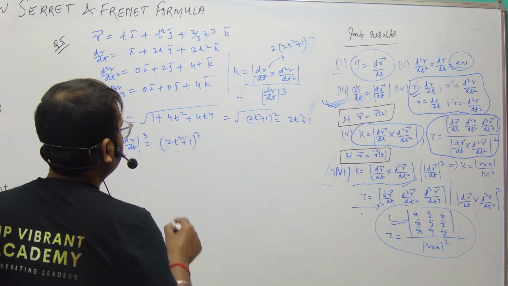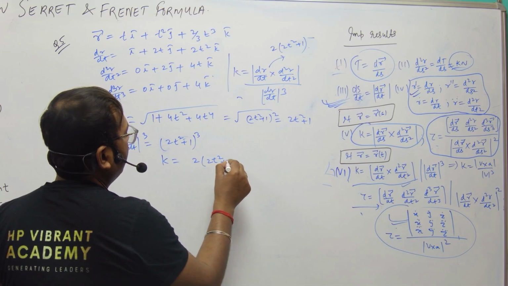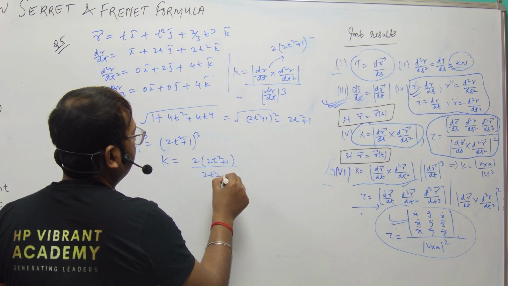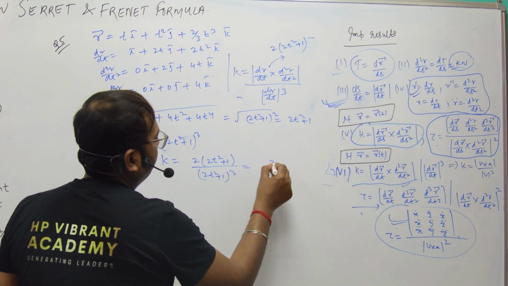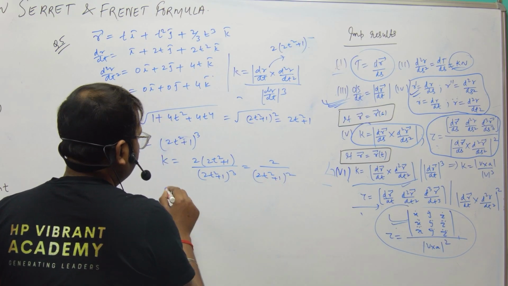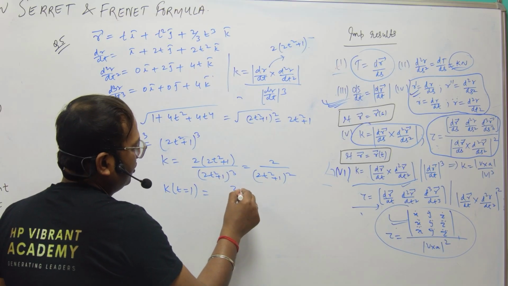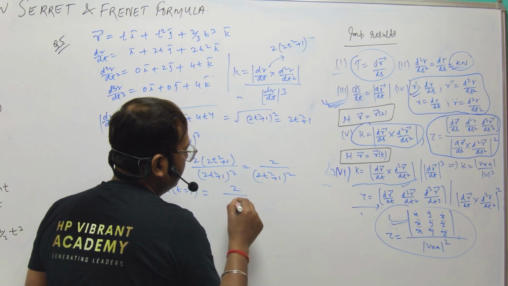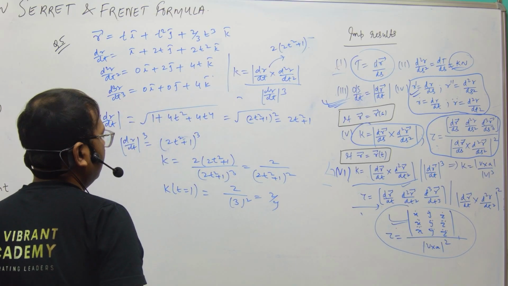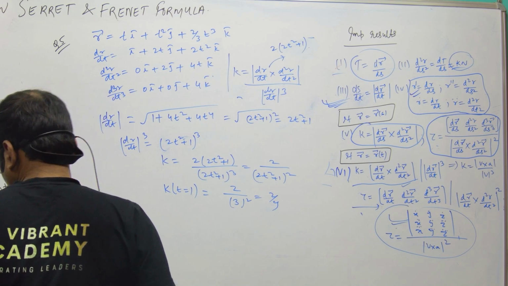Placing the values, we have kappa equal to 2 times (2t square plus 1) upon (2t square plus 1) whole cube, equal to 2 upon (2t square plus 1) square. So kappa at t equal to 1 is 2 upon (2 plus 1) square. Now let us find the value of torsion, that is tau.